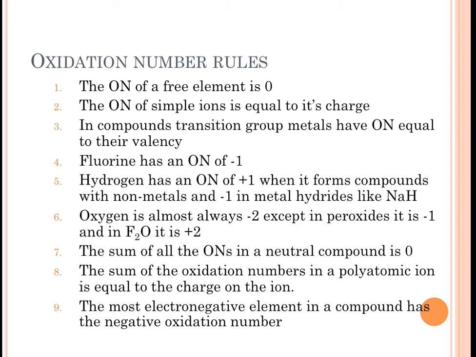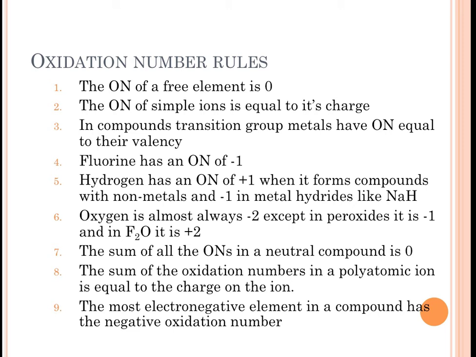For a simple ion, and here we're talking our group 1, group 2 metals, also our group 17 non-metals, some of our group 16 non-metals, the oxidation number is the same as its charge. So we know, for instance, potassium has a charge of +1, its oxidation number is +1.